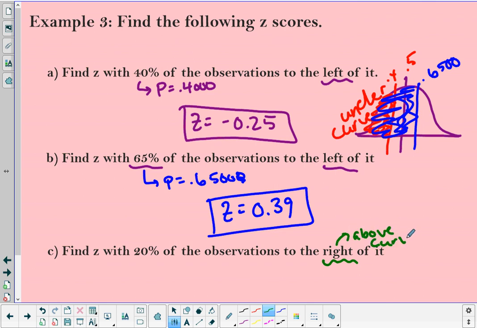If this is my normal distribution table, there's my mean. I want this guy right here, where this is 0.2. But my z-score table measures this side, because it measures everything to the left or underneath.